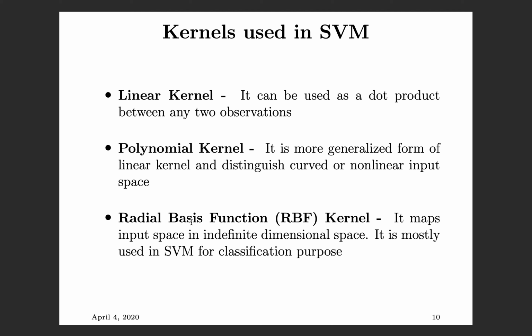Then next is the polynomial kernel. It is a more generalized form of the linear kernel and distinguishes curved or non-linear input space. And next is the radial basis kernel. Actually, this is the most important kernel used in SVM. It maps input space into an infinite dimensional space.